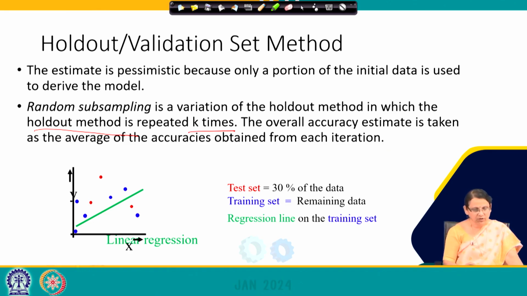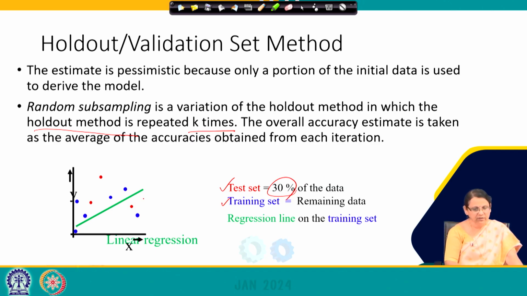Now, to understand the process of this holdout method, in this example, let us say we have to make two sets. Blue is the training set, red is the test set, and this test set in this particular example has 30% of the data points, and we are trying to fit a regression line.